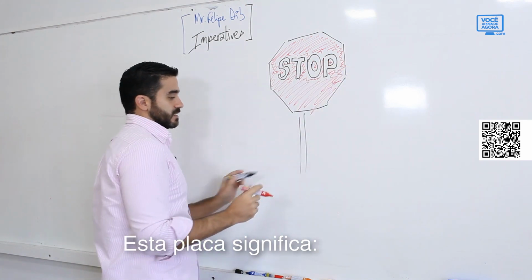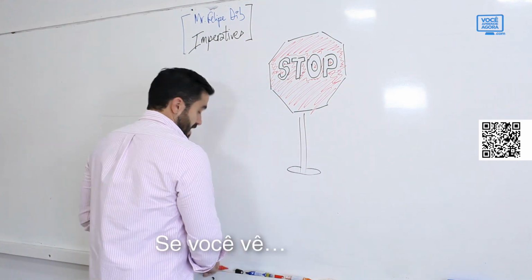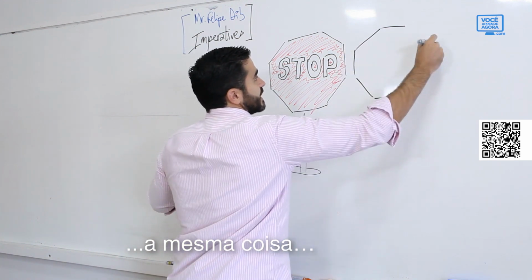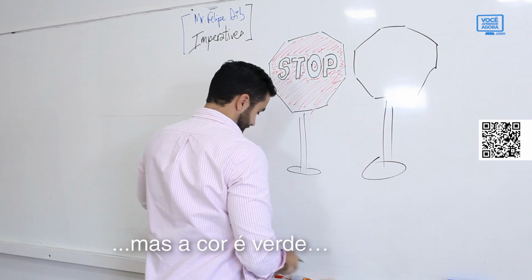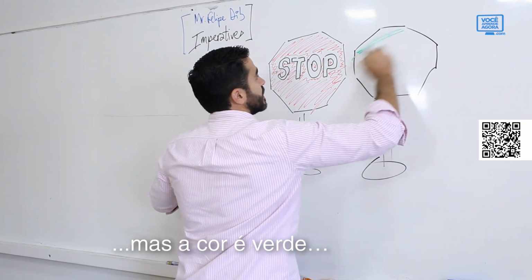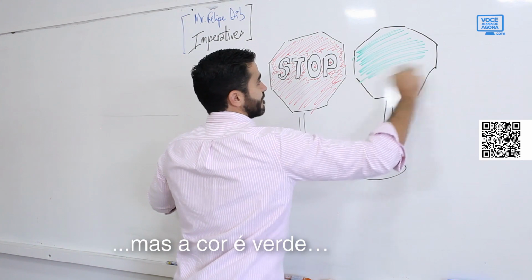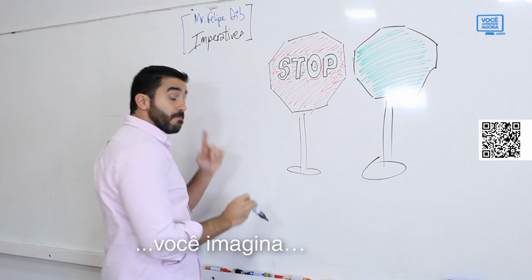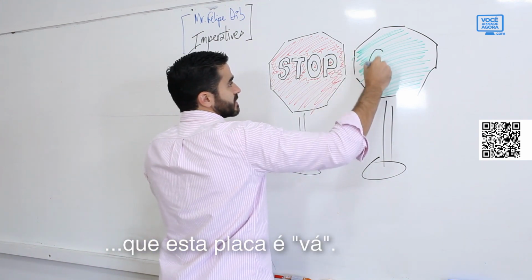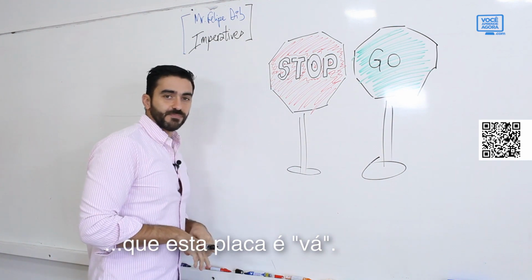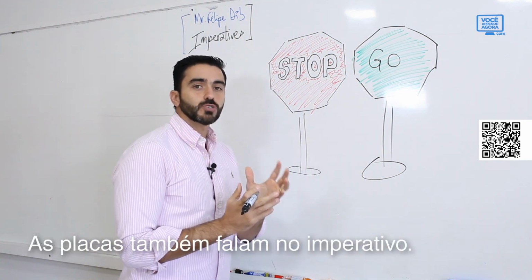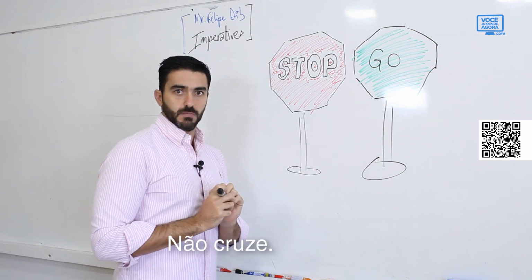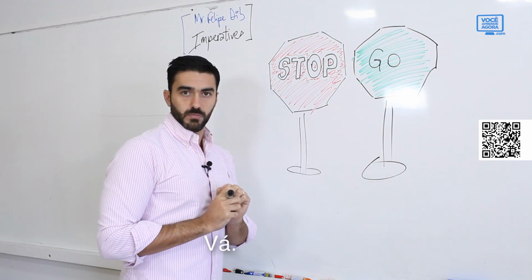This sign means stop. If you see the same thing, but the color is green, you imagine that this sign is go. So the signs also talk in imperative. Stop. Don't cross. Go.